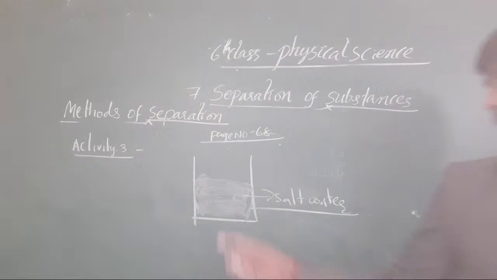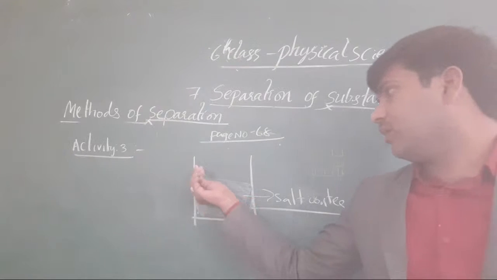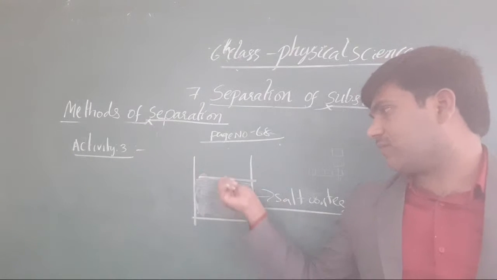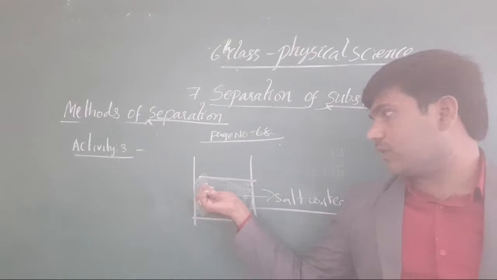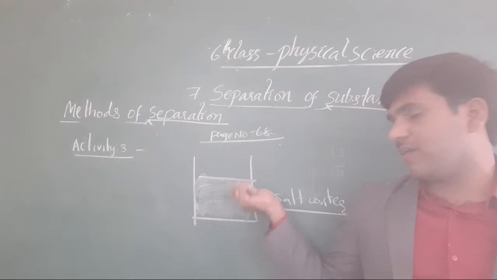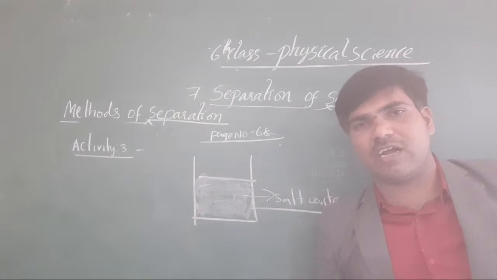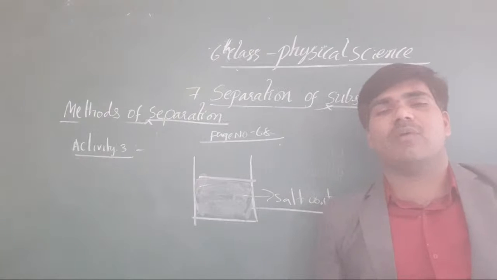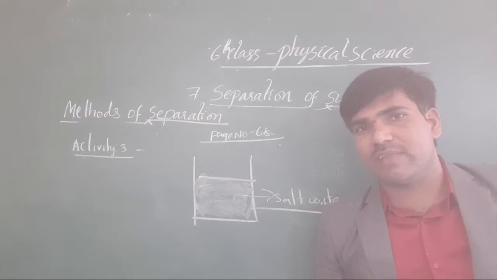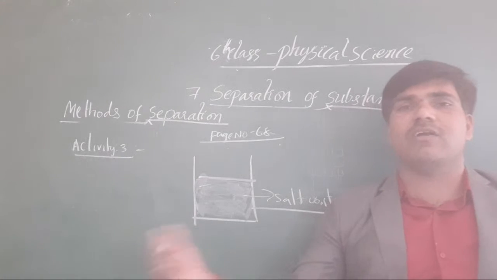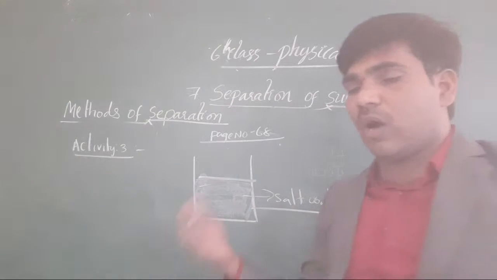This beaker contains what? Salt water. The salt water already contains salt particles as a mixture. Is it possible to separate that salt from the salt water? No, there is no possibility. Then what do we have to do?